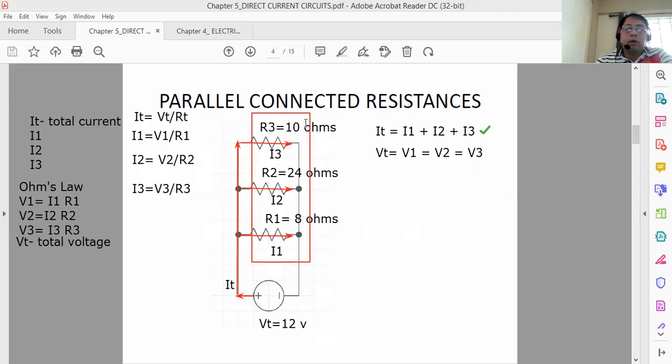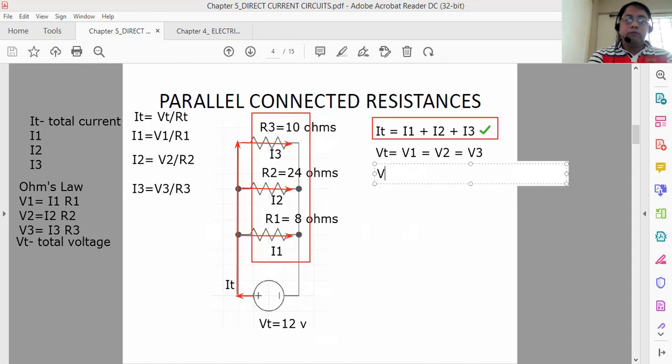Now, going back to this equation number 1 principle, let's go back to this first principle here that I checked. Now, if we formulate our next set of equations, if IT is VT over RT, let's write it in terms of voltage and resistance.